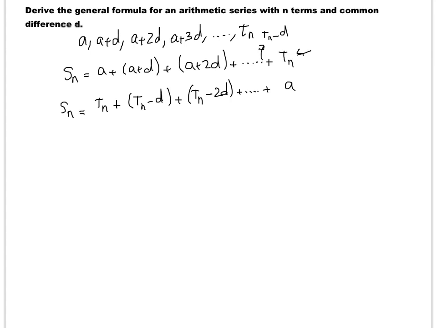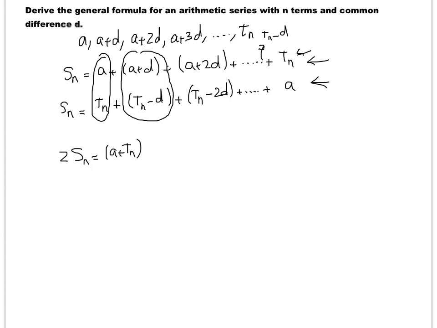Now let's add these two sums together. Sn plus Sn gives us 2Sn is equal to a plus Tn, the sum of these two terms. Then I'm going to add these two terms together. When I add them together, d and negative d cancel out, so I get again a plus Tn.